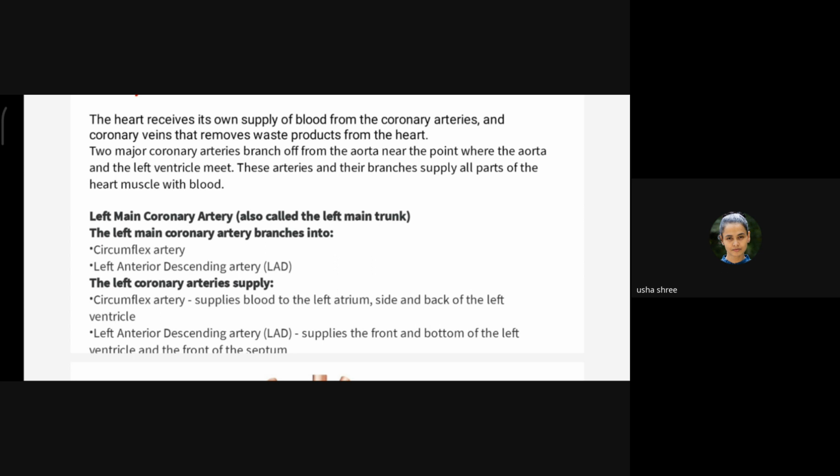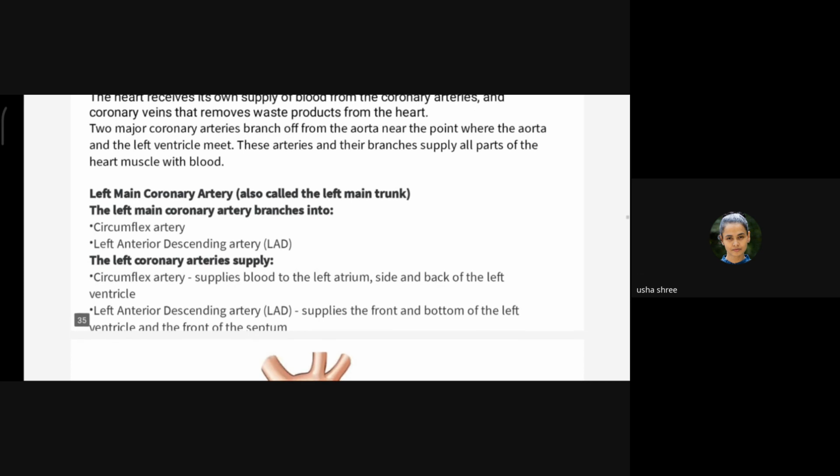And the front and bottom of the left ventricle and the front of the septum is supplied through the left anterior descending artery. Is it clear?